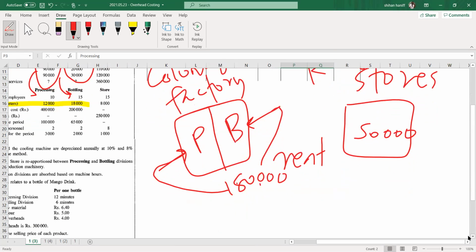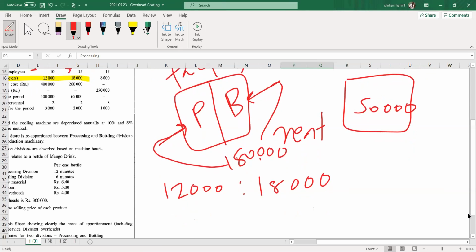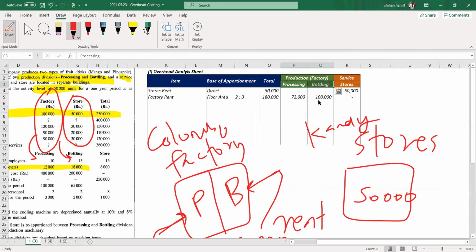The floor area is given as 12,000 to 18,000. If you divide by 6, it is 2 is to 3. So 180,000 should be divided 2 is to 3, and that's how we get 72,000 and 108,000.